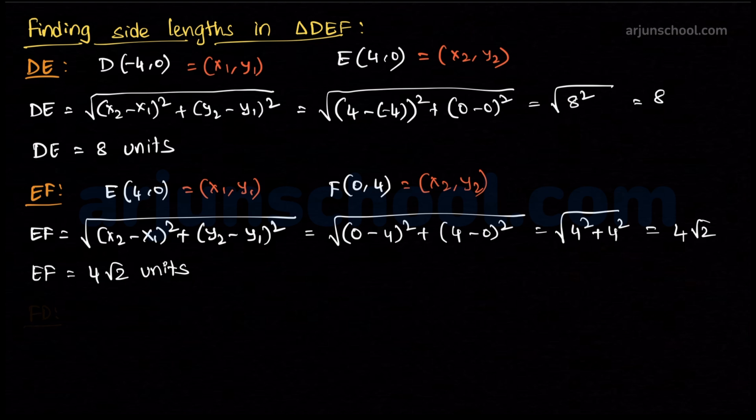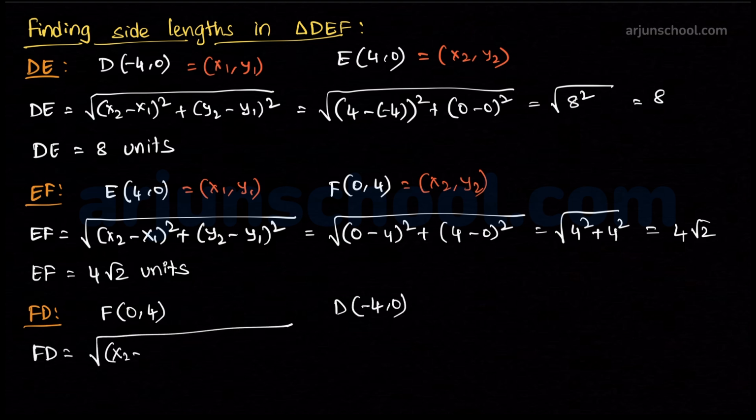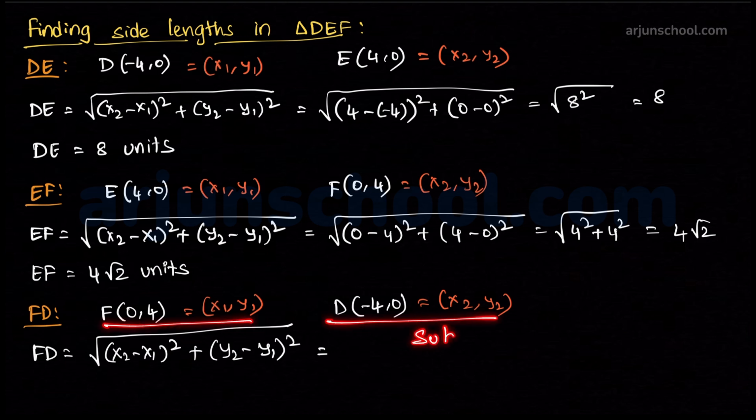Now let us find the length of the side FD, the distance from vertex F to vertex D. Root over (x2 minus x1) whole square plus (y2 minus y1) whole square, the formula for distance between 2 points. Here vertex F is point (x1, y1) and vertex D is point (x2, y2). Substitute the values.